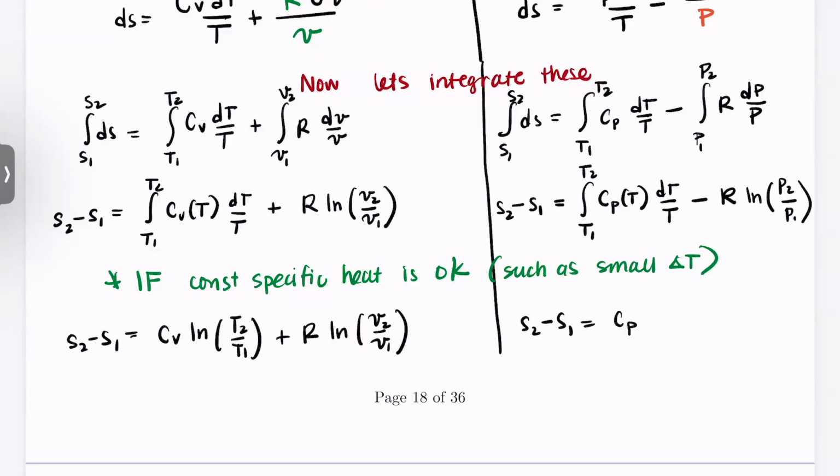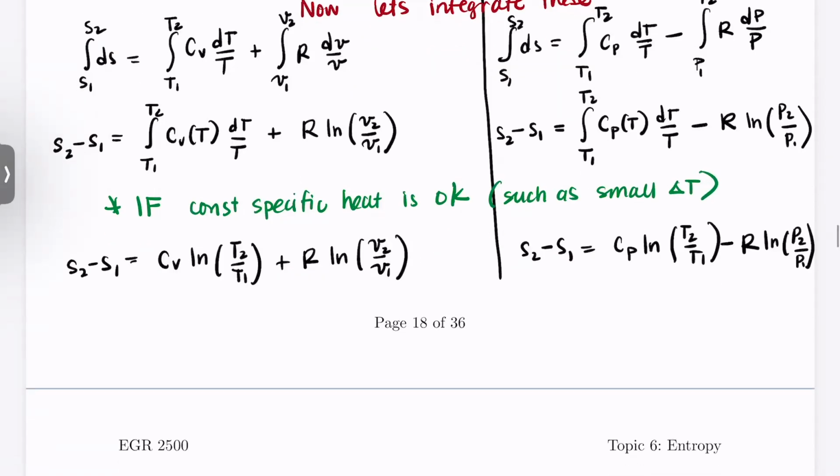So we have Cp times the natural log of T2 over T1 minus R times natural log of P2 over P1. Okay. And it turns out that these two expressions are entirely equivalent to each other.